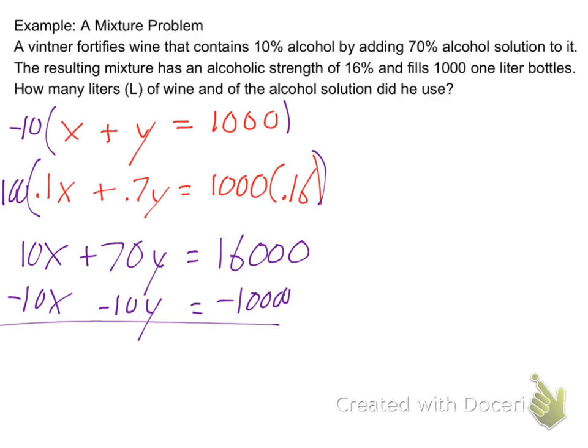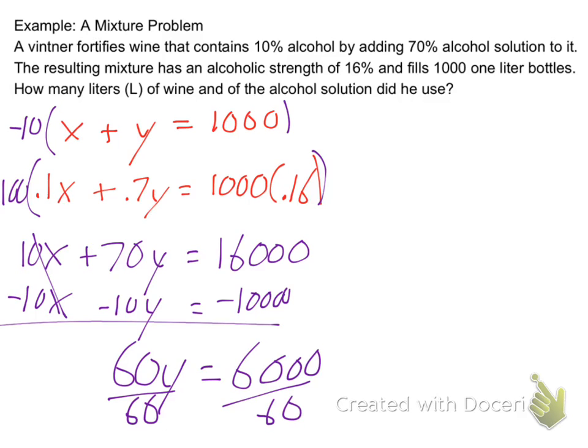Put them together, x is gone. 60y equals 6,000. Divide 6,000 by 60. y equals 100.